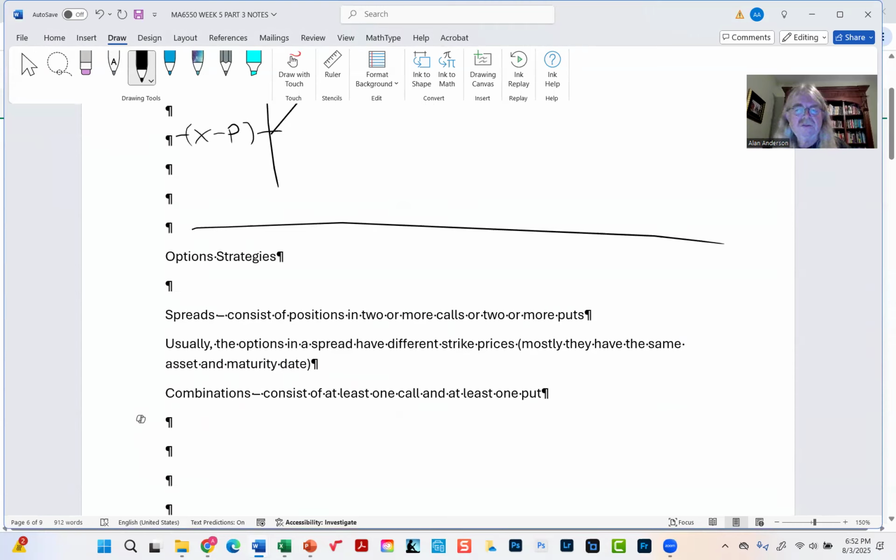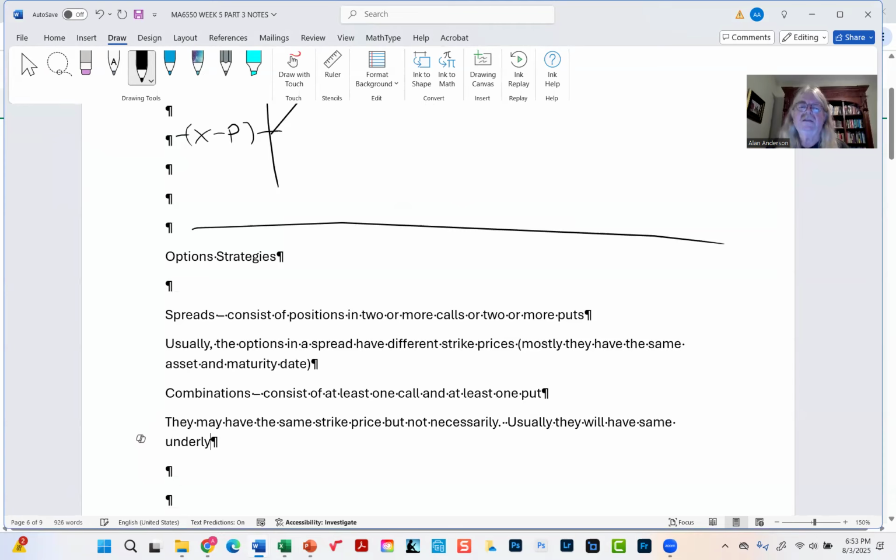Because they're different types of options, they may have the same strike price, but not necessarily. Usually, they will have the same underlying asset and trading.